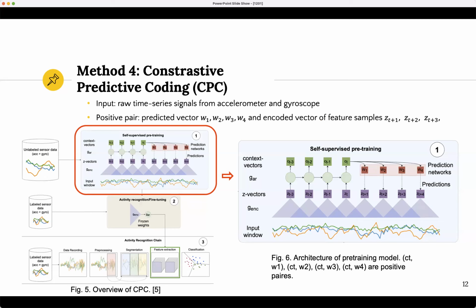So here the predicted vectors W1 to W4 correspond to ZT+1 to ZT+4. So W1 and ZT+1 will form a positive pair in this context.